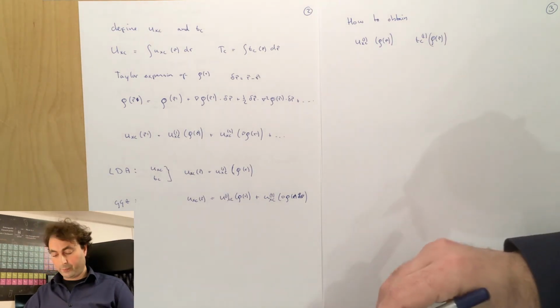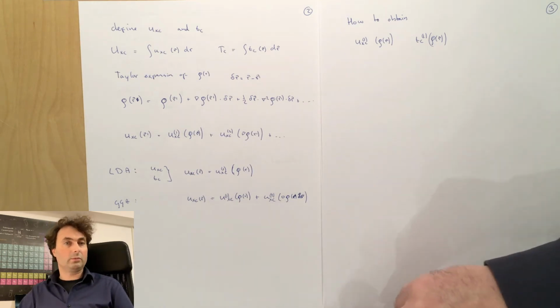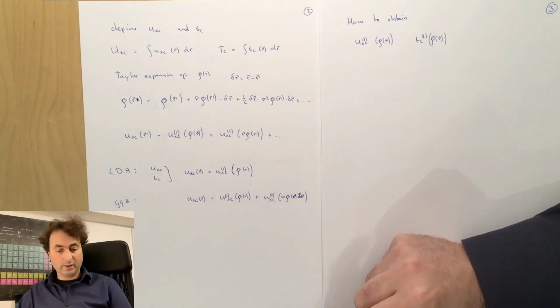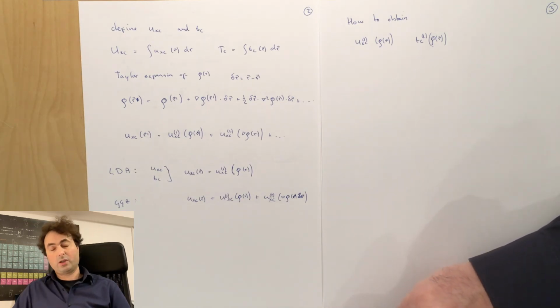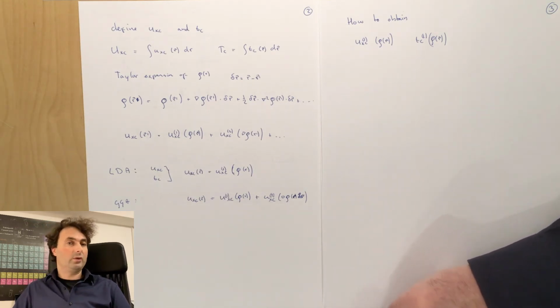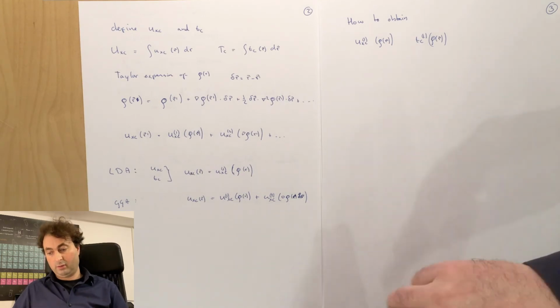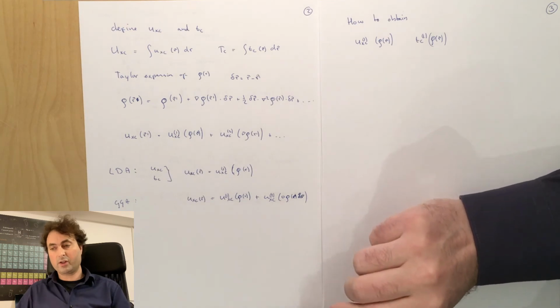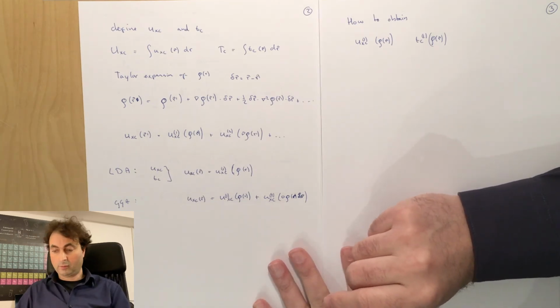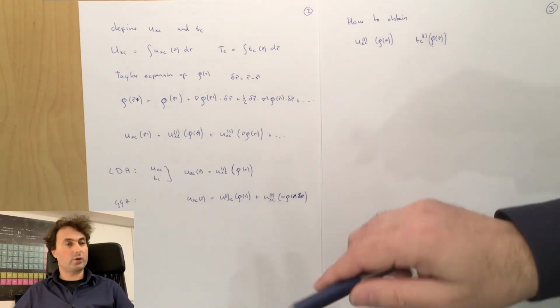What we can do is look at a model system that we can solve exactly, for example, a homogeneous electron gas with interactions. With the use of quantum Monte Carlo methods, we can make approximations of the ground state energy, and we can get reasonably accurate results as a function of density.